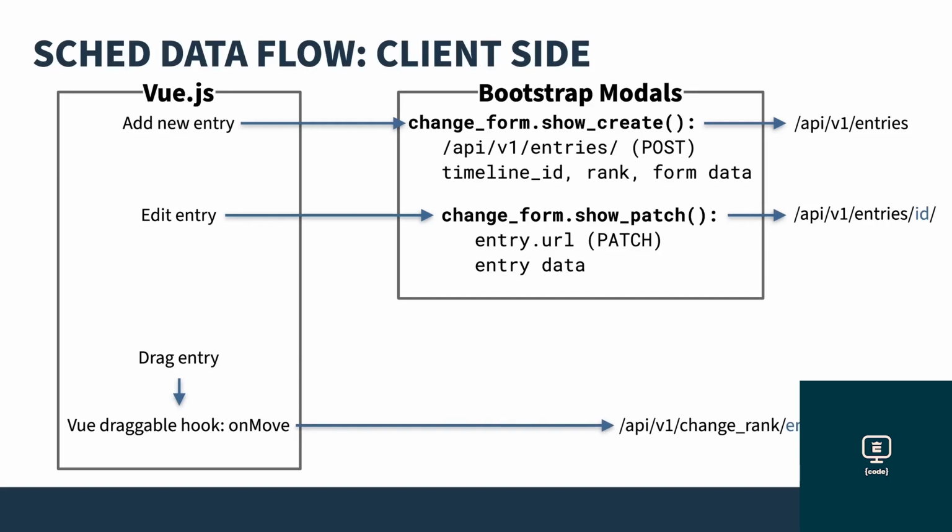That calls the specialty view that ensures that entry's save method gets called, which makes sure that all the ranks are set correctly. And in this case, because multiple ranks may change, the change rank view returns all of the entries for the timeline. Vue.js then updates its copy of it based on the JSON returned and then updates the screen.